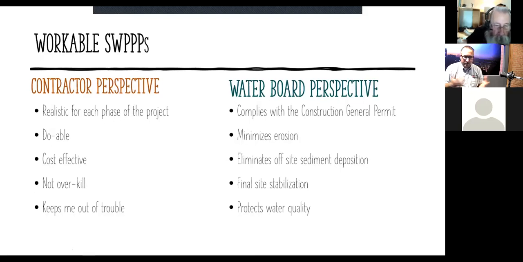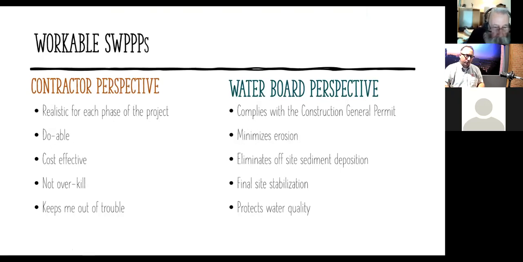We got to spend the money. We got to do the work. It is a requirement. So let's first talk about what makes a SWP workable. And then we'll talk about, since we got to live with this, how can we make it more cost effective and more manageable for the contractor or the owner of the project.